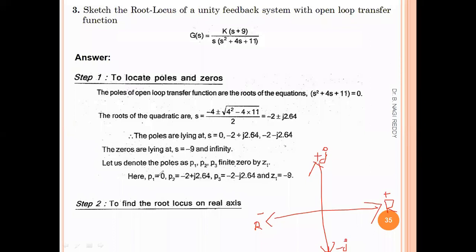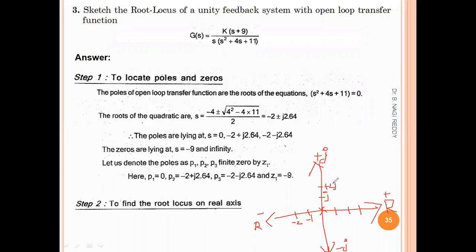Now you can place the pole p1 = 0, which is at the origin. Mark a cross. Of course, you can take the scale 1, 2, 3 like that. Here on the negative side, -1, -2, etc., and here +1j and +2j, like that.